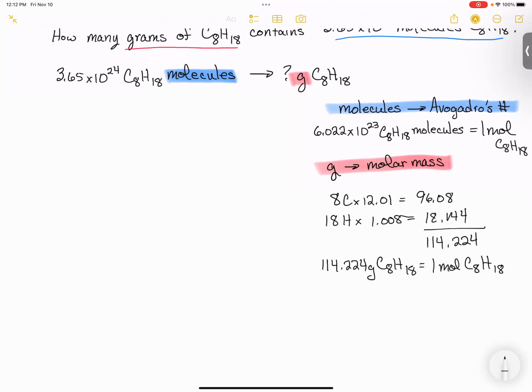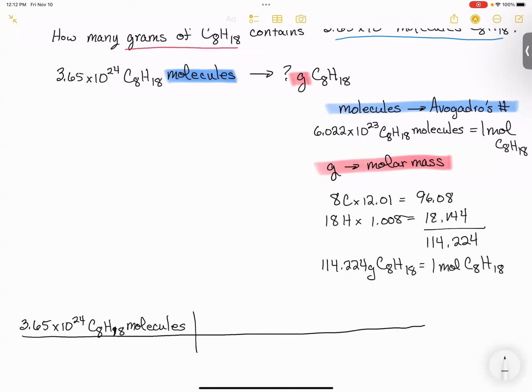So now that I've broken this down, I'm ready to start the calculation. I begin with the 3.65 times 10 to the 24 C8H18 molecules. My first conversion factor needs to have C8H18 molecules in it, so I'm going to use Avogadro's number.